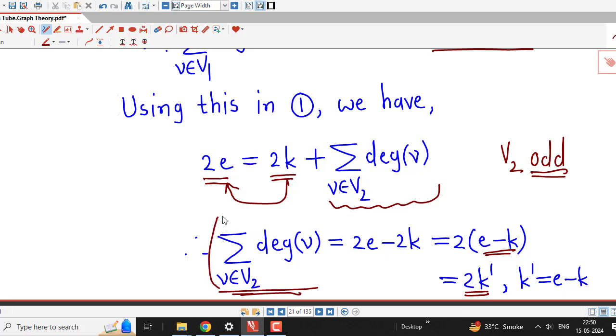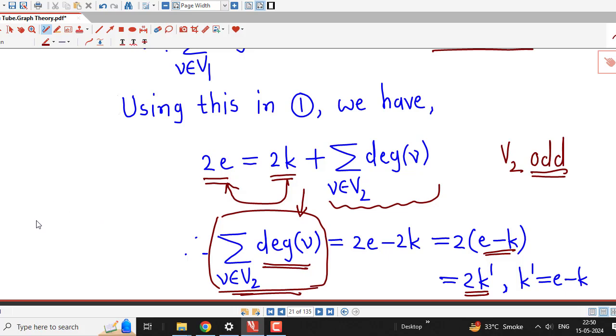Therefore we can say that the sum of degrees of vertices of odd degree is even. So there are always an even number of vertices of odd degree.